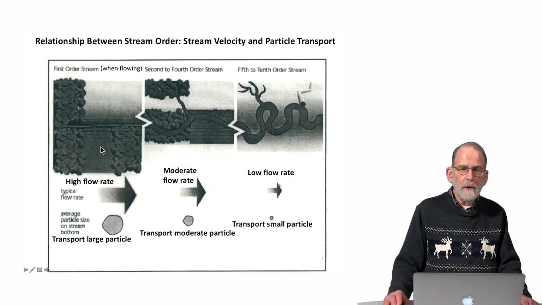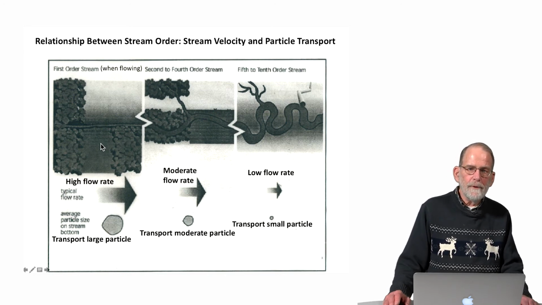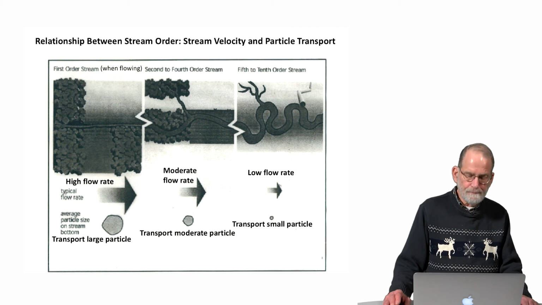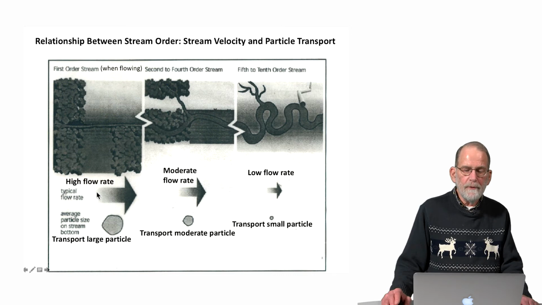However, when they do flow, they tend to have a fairly rapid rate of flow because they are capturing surface runoff from the immediate precipitation, and it's draining through these first order channels very rapidly. Because they're carrying water at a high flow rate, they are able to move fairly large particles.